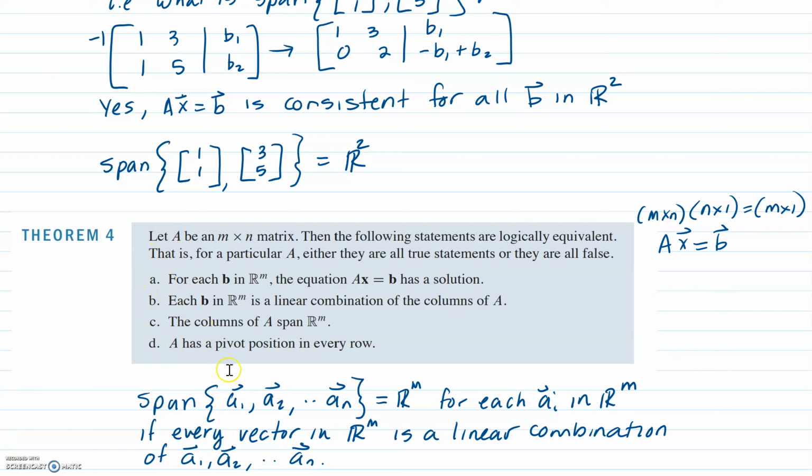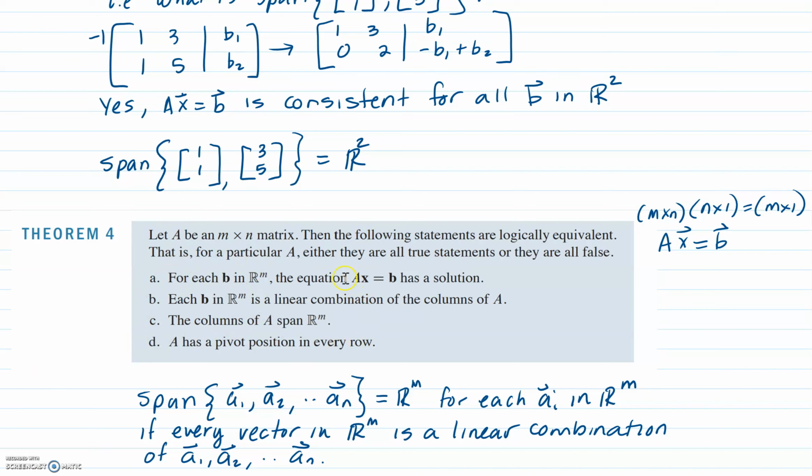So that's the logic why each of these are true. If you want to actually see the proof, it is in the book at the end of this section. This is one of the most useful theorems in this chapter because of the definition of AX and what it means for a set of vectors to span Rm.